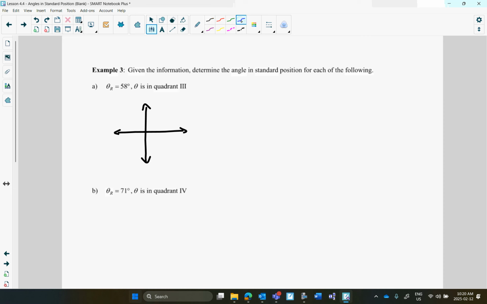So remember, we've got a reference angle of 58 degrees, so we're kind of drawing an upside down angle like that. So that's the reference angle of 58 degrees. And remember, theta goes from the initial arm, and remember the terminal arm is shared by both theta and the reference angle. So this is what we're trying to find.